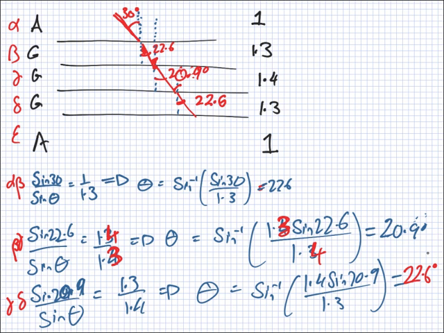Now, the reason I did this question was because there's kind of something interesting here. You saw the 22.6 somewhere else, didn't you? Yeah, it was the angle here in the first piece of glass. That's the same one as the angle in the third piece of glass. Now that always happens if the first piece and the last piece are the same.